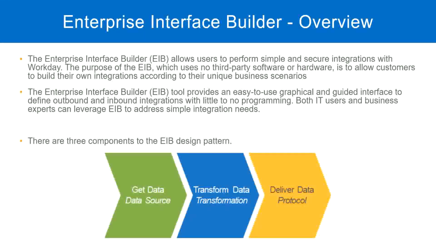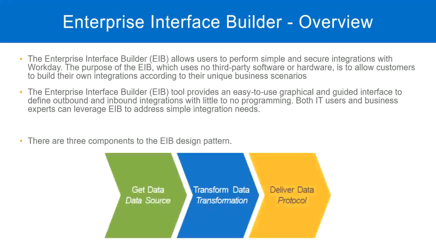Okay. When we create an integration using EIB, we will see these 3 steps there as well. Get data, transform data, deliver data. Okay. These are the 3 components in an EIB design pattern. So what we are going to do is configure these 3 steps. Get data. Where are we going to get the data from?